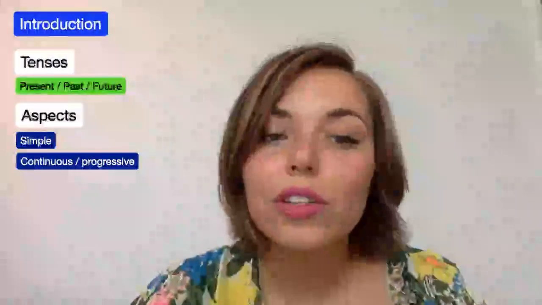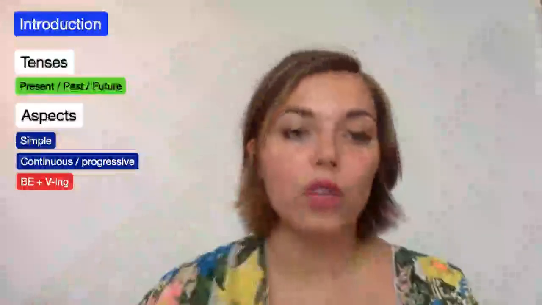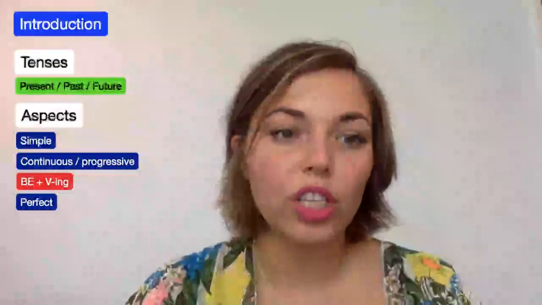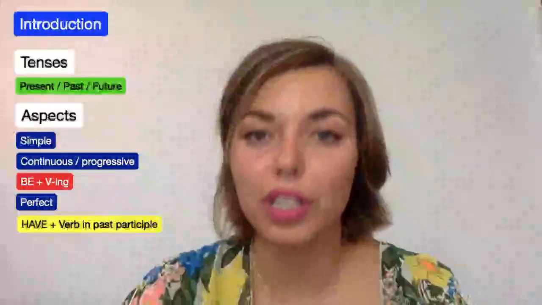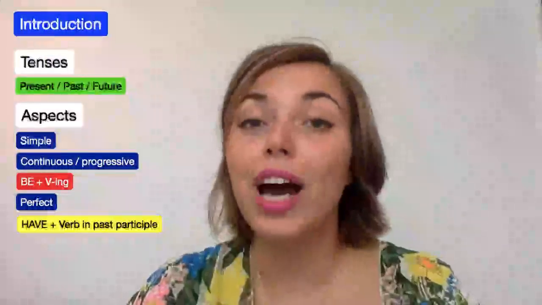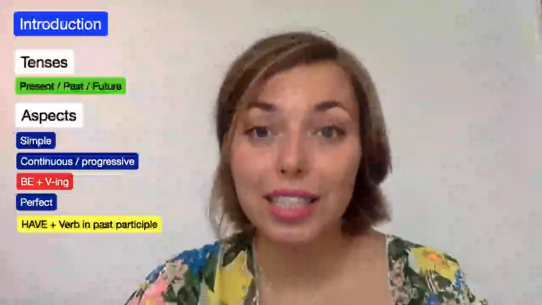Now, for continuous tenses in general, you are going to need be and you're going to need a verb plus ing. Then we're going to have a look at the perfect aspect, so you need have and you need to have a verb in past participle. If you don't know what the past participle is, if you have a regular verb, you're just going to add ed.